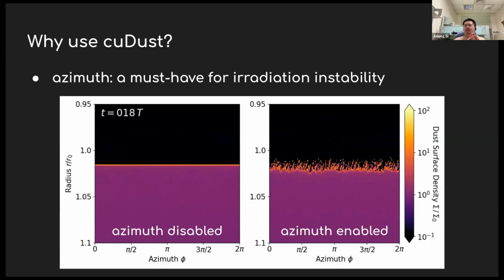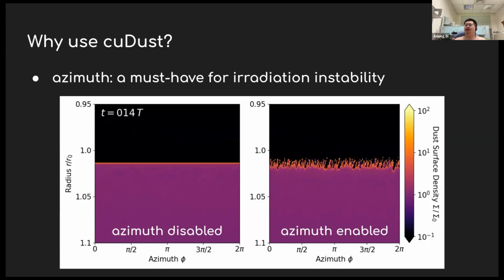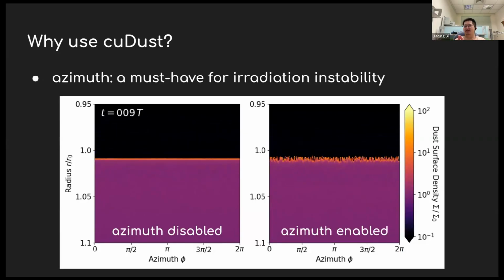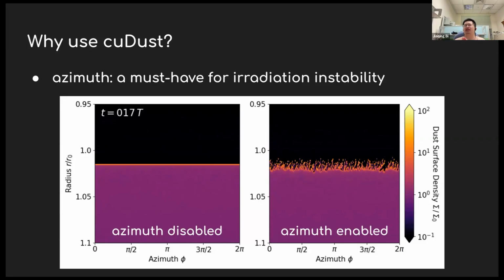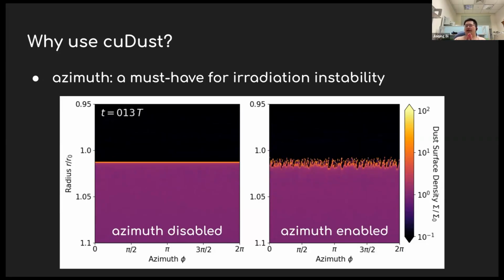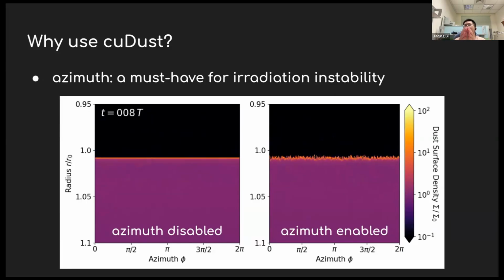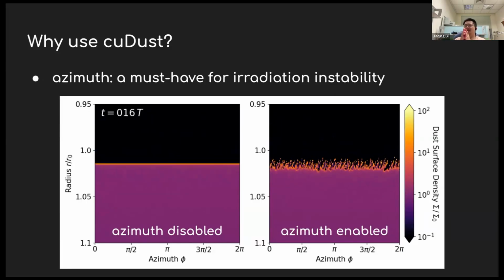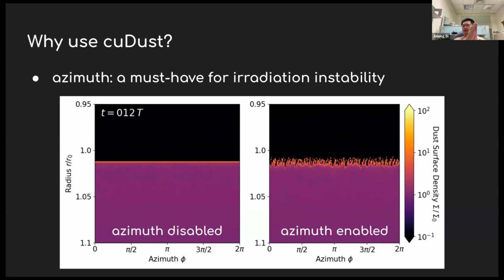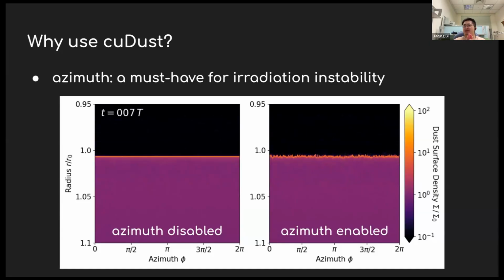The azimuthal direction is a must-have for triggering the irradiation instability, because the cloud formation due to irradiation instability is due to the amplification of the density perturbation along the azimuthal direction over time. So if we don't have the azimuthal direction in our model, we don't have irradiation instability.